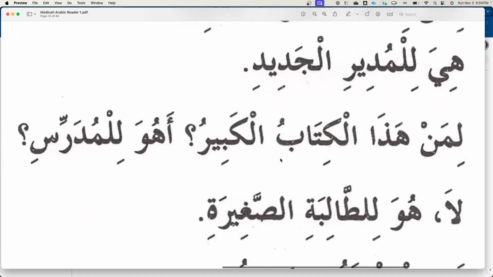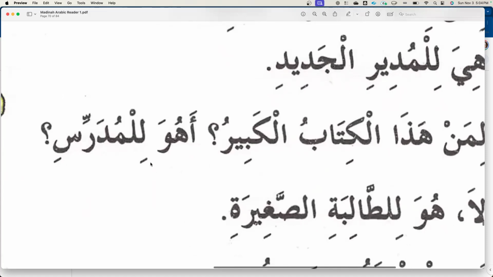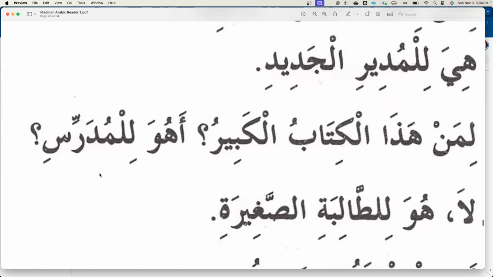لمن هذا الكتاب؟ كتاب كبير. لمن هذا, for who is this, whose big book is this? أهو للمدرس? Is it the teacher's?